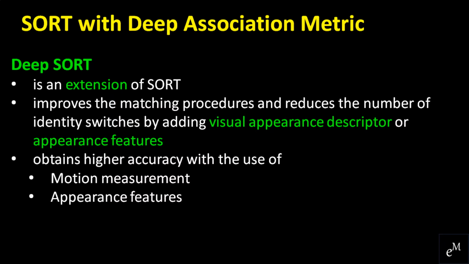The full name is SORT with a deep association metric. DeepSORT is an extension of the SORT algorithm described in the previous slide. It adds appearance features of an object to strengthen the association.